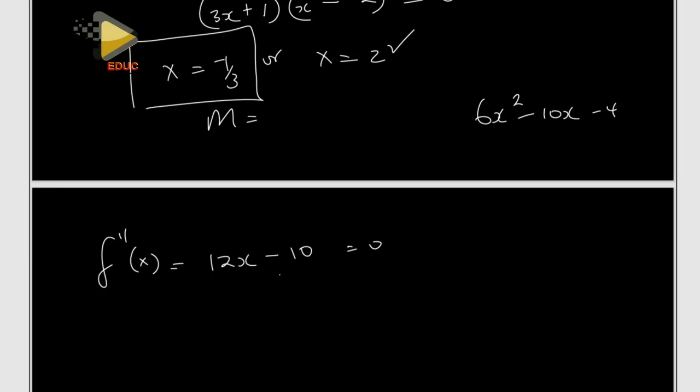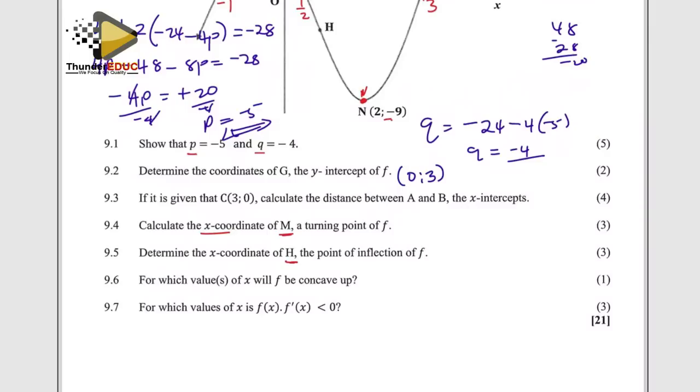You can equate this to 0, so 12x is 10, and then x becomes 5/6. So this point here, the x is 5/6. Then for which values of x will f be concave up? For it to be concave up, x must be greater than 5/6.